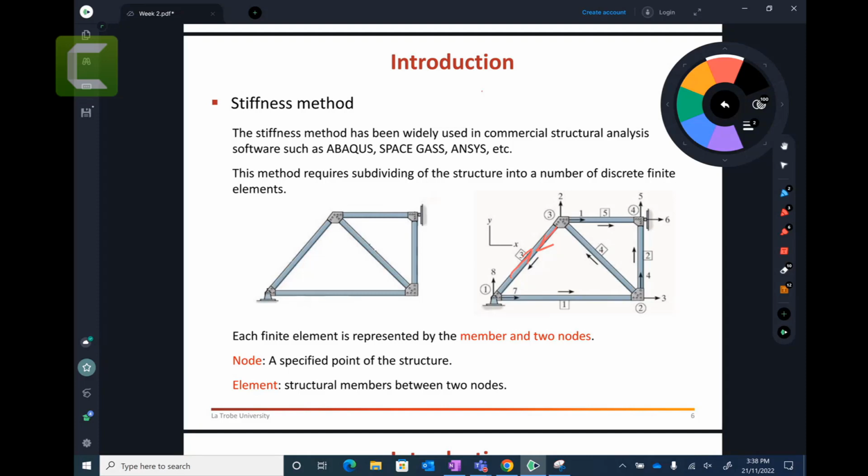Internal strength means it is a very uncomfortable situation if someone pulls me from two ends, so I have my own strength to not let them pull me. I'm holding those two guys very tightly. If I'm very strong, that is my internal strength. Similarly, a truss member has its internal resistance to the external forces.